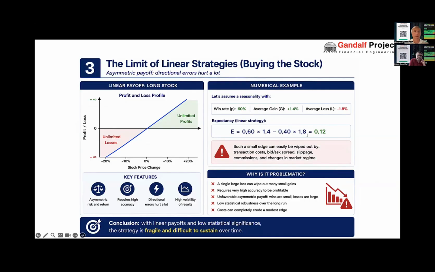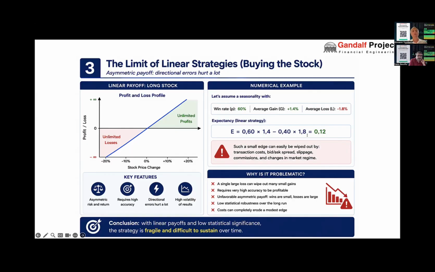But first, let me talk about the limit of linear strategies, buying the stocks. In this case, of course, for instance, a long stock position has a linear payoff. Profits and losses move 1-for-1 with the stock price.